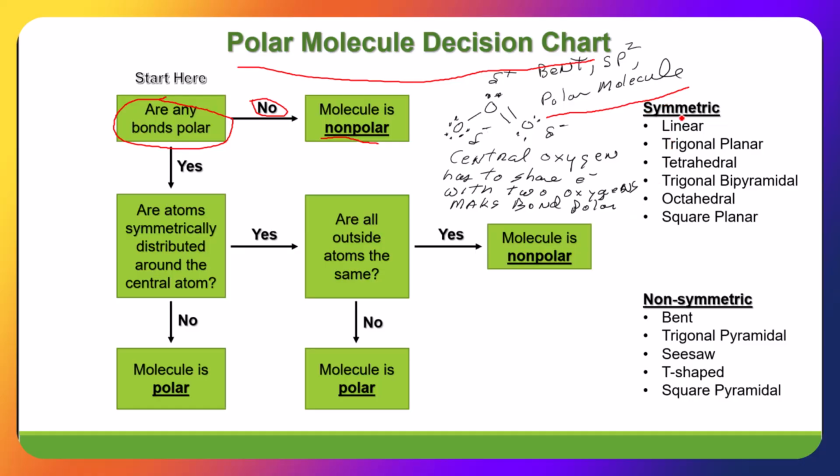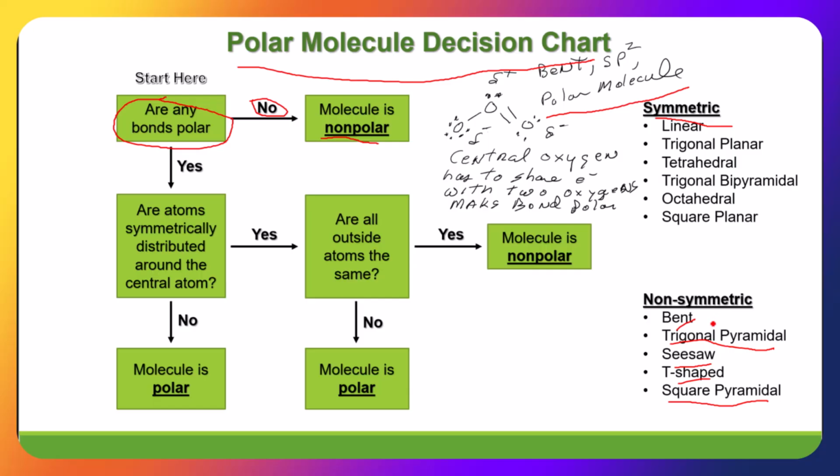Okay, summing it all up, if it's symmetric, linear, trigonal planar, tetrahedral, trigonal bipyramidal, octahedral, square planar, that is symmetric. Non-symmetric: bent, trigonal pyramidal, seesaw, T-shaped, square pyramidal. These are the molecular geometries that tend to be polar molecules.